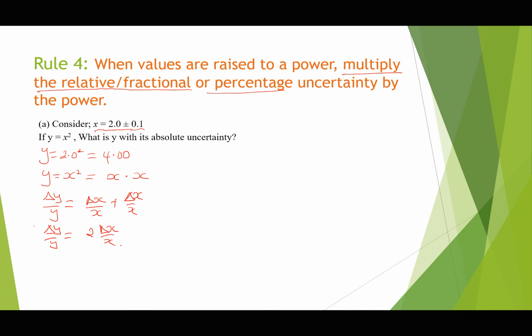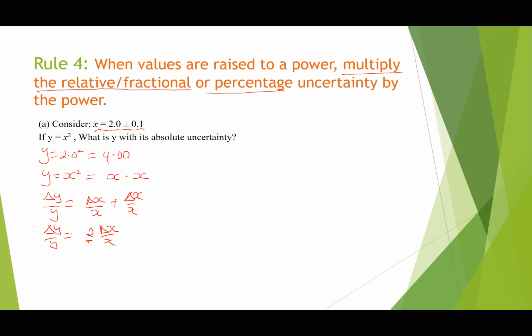You notice that 2 was a power, now it is multiplied by the fractional uncertainty. So we multiply the power by the fractional or percentage uncertainties. Of course, when I multiply this side by 100, and the other side by 100, still the 2 remains there.